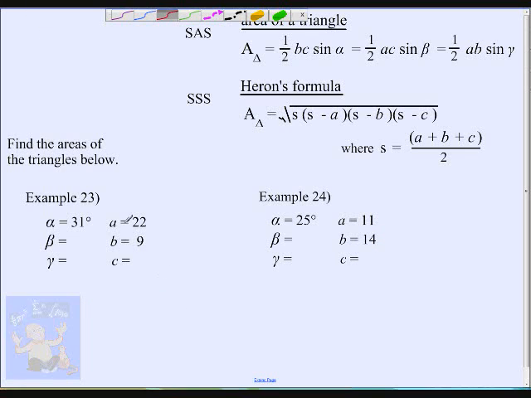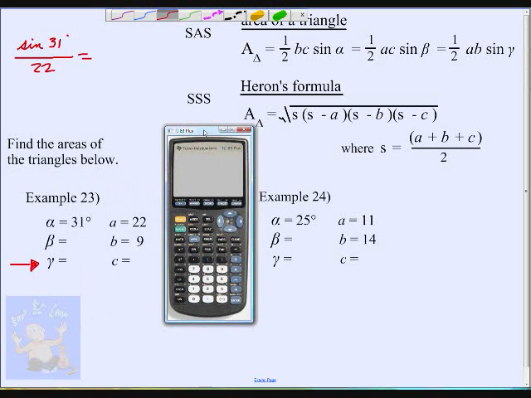How about this one? What would be the quickest way to get there? In either case, you're going to have to get this figured out. It's going to be a multi-step problem, isn't it? We're going to first, I love the law of sines, so we'll just go ahead and figure that. The sine of 31 degrees over 22 will give us the law of sines ratio that we want to use.